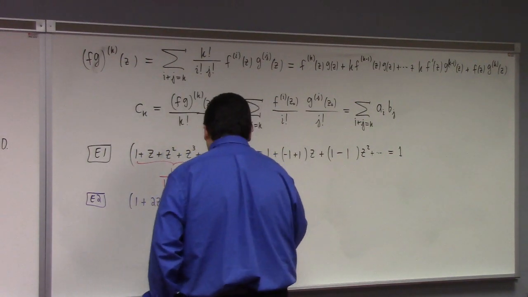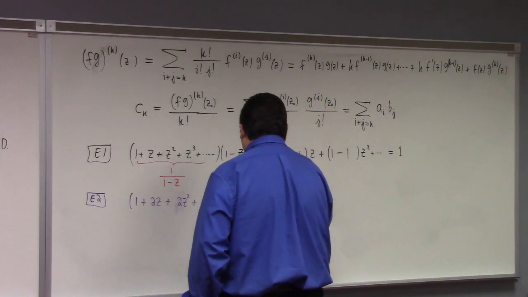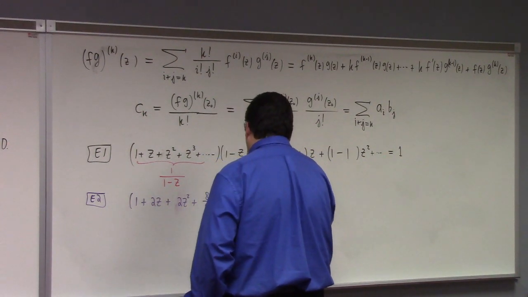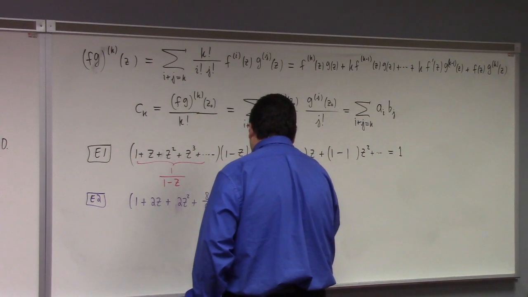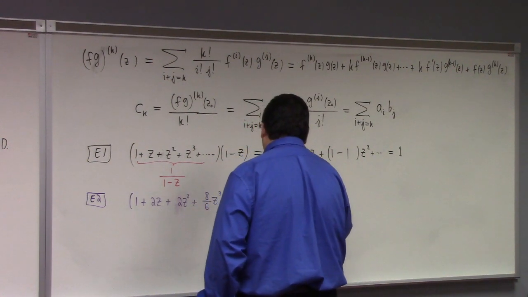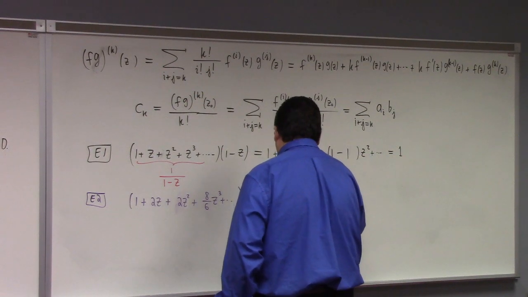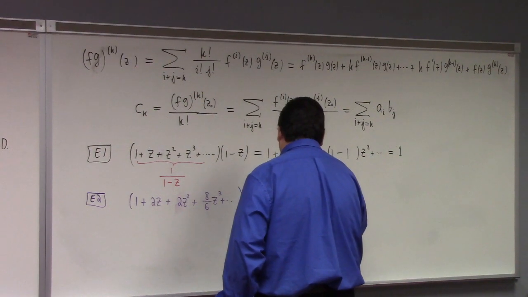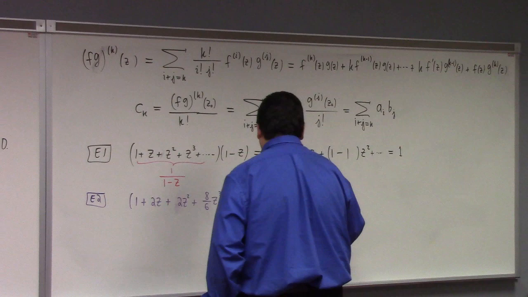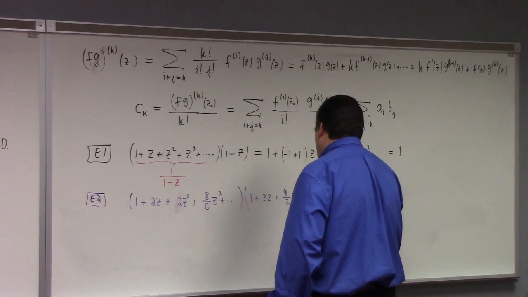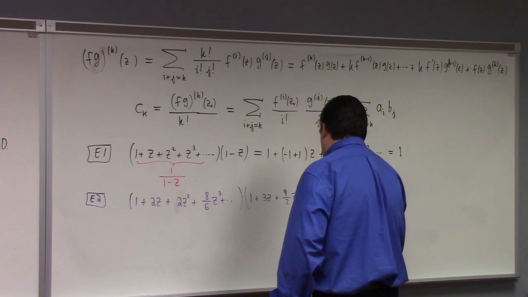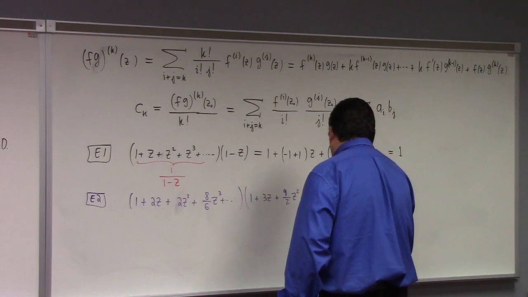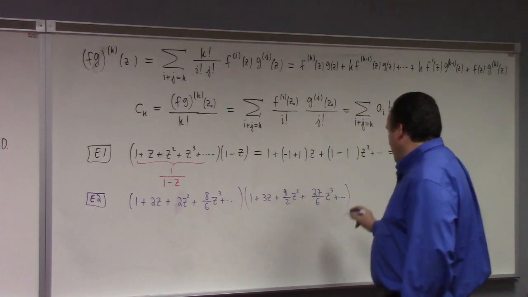I'm going to multiply that by, oh, I don't know, let us say 1 plus 3z plus 9/2 z squared plus 27/6 z cubed plus dot dot dot. What happens when we multiply these series?